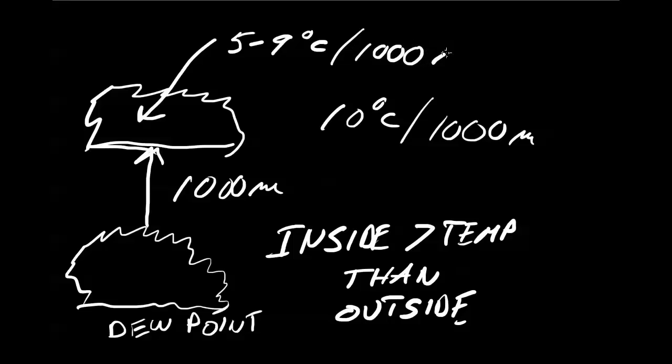Quite often you'll see them take the average and say it'll drop at 7 degrees Celsius per 1,000 meters. So what that is saying is that the inside of the cloud is warmer than the surrounding air. Well, if something is warmer, it is going to rise. And that cloud will keep on rising until all the water vapor has condensed. And once the water vapor has condensed, there's no longer any energy.